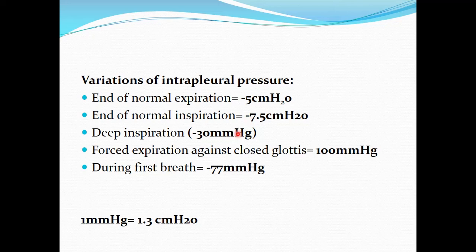During deep inspiration, it will become more subatmospheric. It can reach values as low as minus 30 millimeter of mercury. During forced expiration against a closed glottis, the pressure can increase and become positive, to a value of 100 millimeter of mercury.